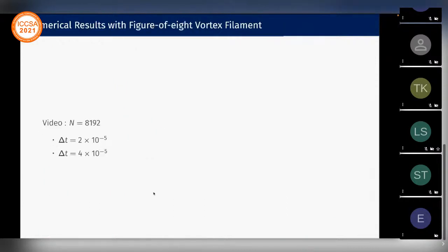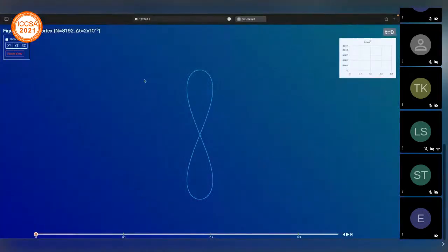Okay. So next I will show the video about our numerical result. First is with this delta t, we set as 2 times 10 to the negative 5. The right-hand side is the minimum separation of this curve.